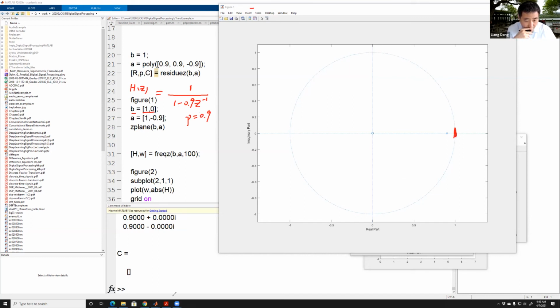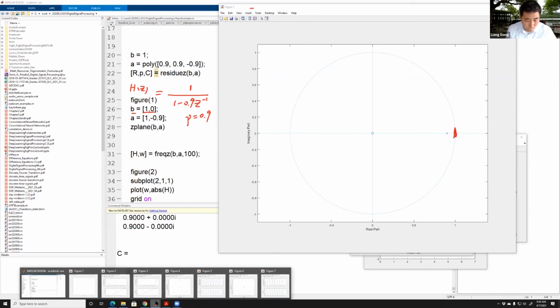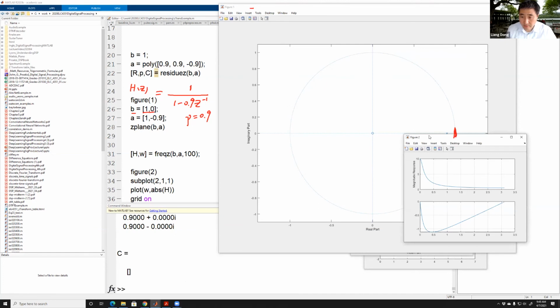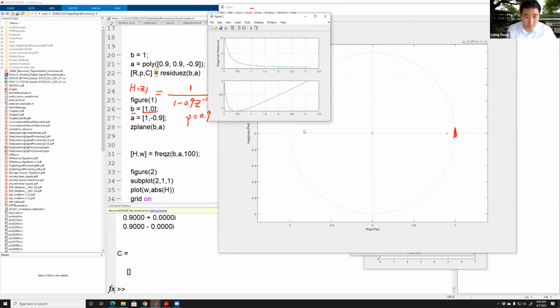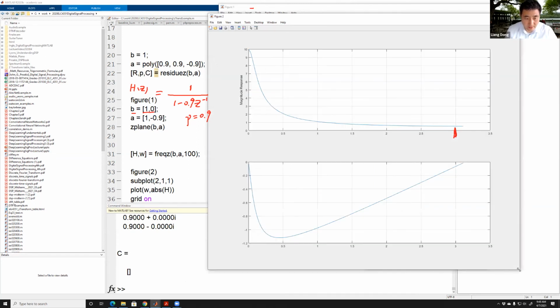So let's check with figure 2 here. There. This is the frequency response; it's giving you the magnitude response and the phase response.